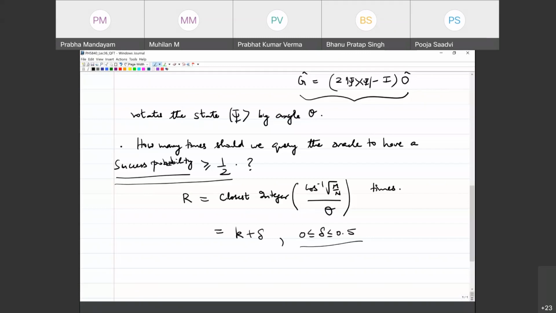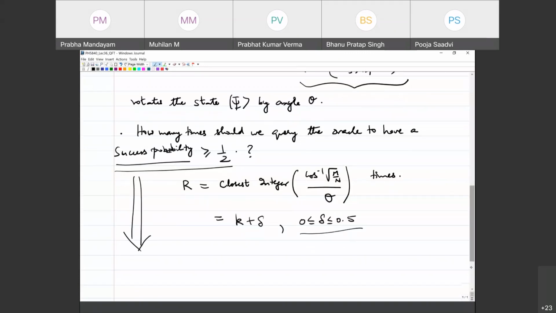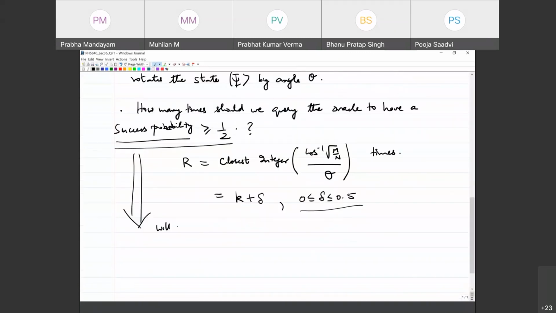So the first thing I want to establish is that this indeed takes you to within a success probability of greater than or equal to half. A success probability greater than or equal to half, remember, must mean that you must be within an angle pi by 4 of the beta axis, right?